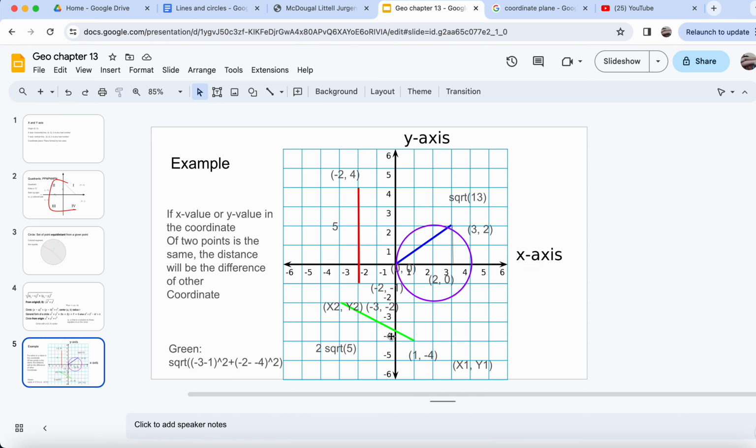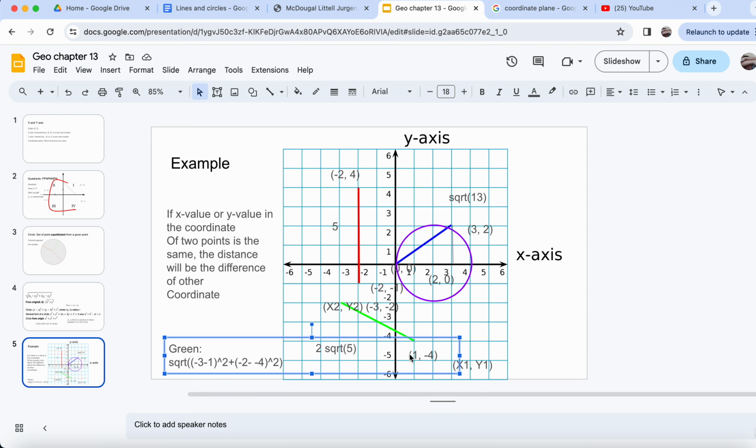For the green line, we set one point as (x2, y2), which is (-3, -2) right here, and the other as (x1, y1), which is (1, -4) right here. So we calculate the square of the difference of the x values, negative 3 minus 1 squared, which is 16.